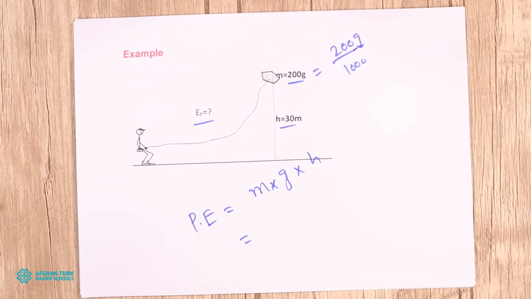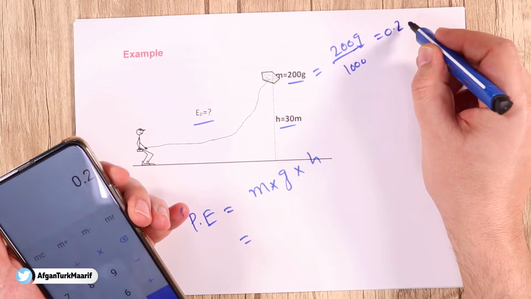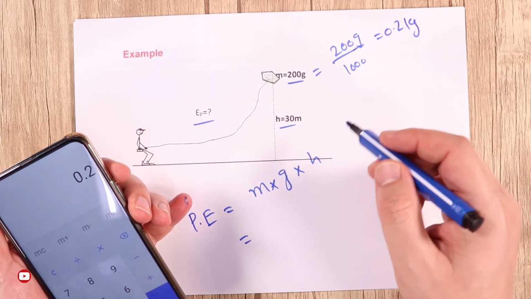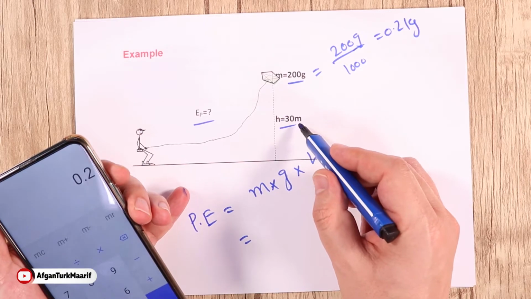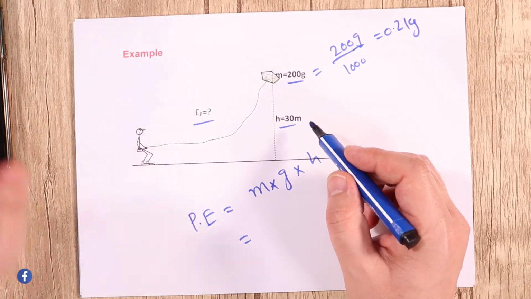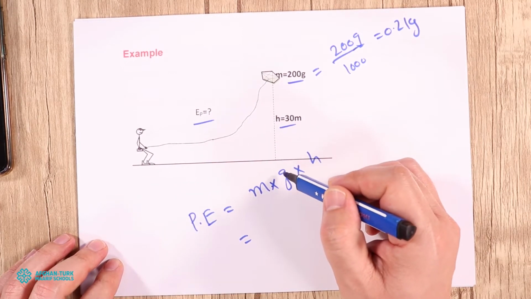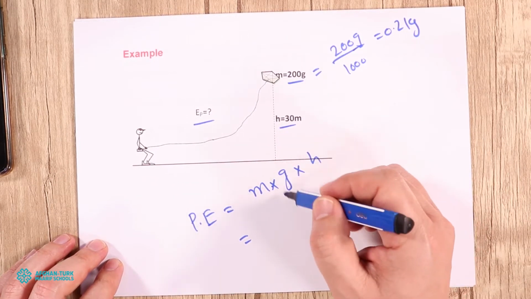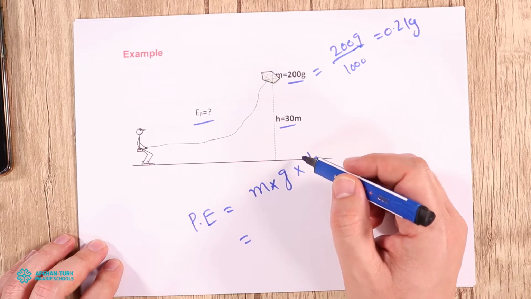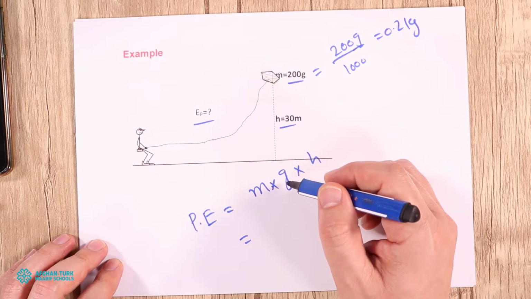Let me convert and calculate the value using the calculator. 200 divided by 1000 is equal to 0.2 kilogram, and the height is 30 meters. The value of g is a constant, which is equal to 10 or 9.8, but usually I use 10 for simplicity of calculation.